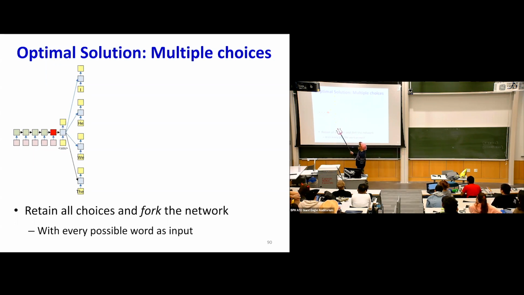Each copy has a probability assigned to it, which is the probability of the word that I have entered, the word entering the network at that point in time. So this network over here is giving me the output probability distribution over all words when the first 2 words in the sequence are SOS, D, right? This network over here is giving me the probability distribution over all words when the first 2 words are the startup symbol, V, and so on. So I'm considering every possibility.